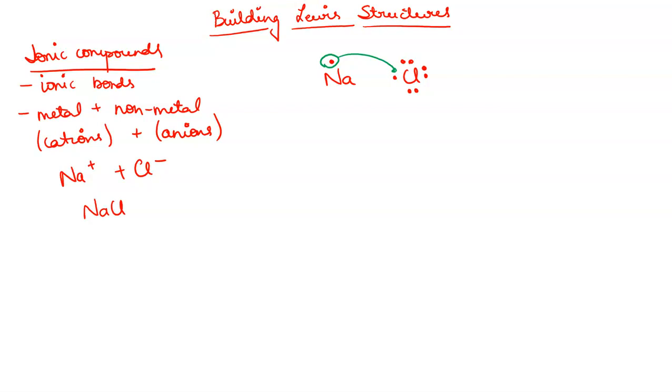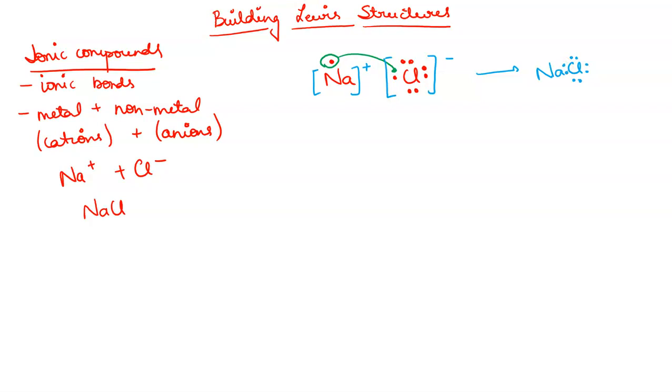Now chlorine has an extra electron on it, and chlorine gets a negative charge. Sodium lost the electron that it had, so sodium now has a positive charge on it. Because there's a positive and a negative charge between two atoms, they get attracted to each other, and they would make sodium chloride, where your electrons look something like this.